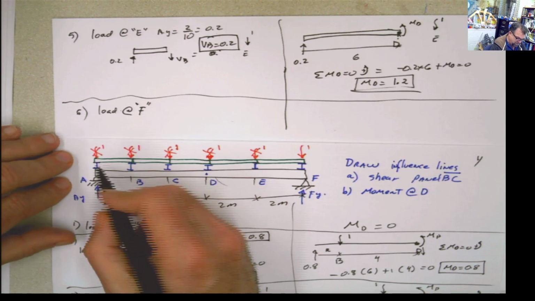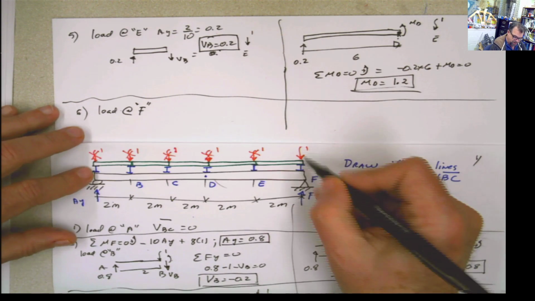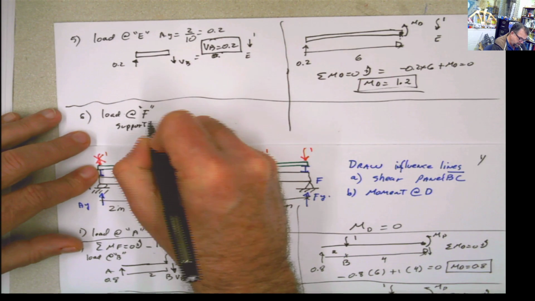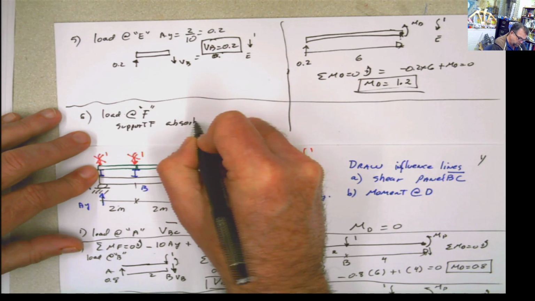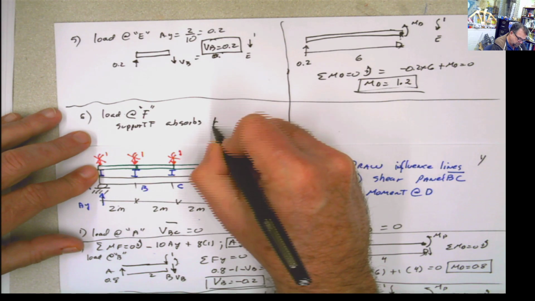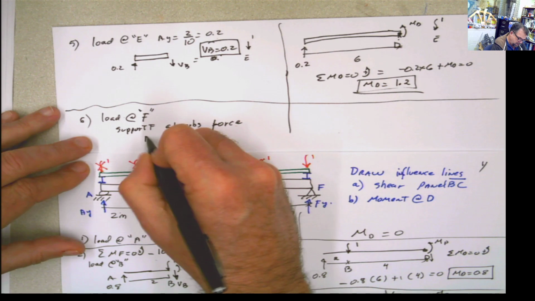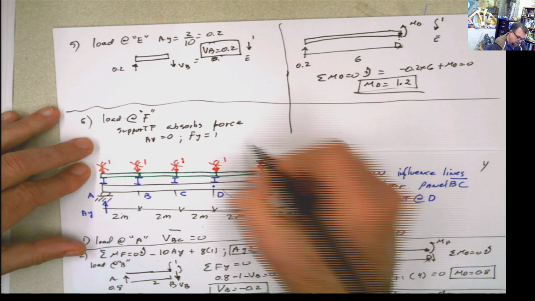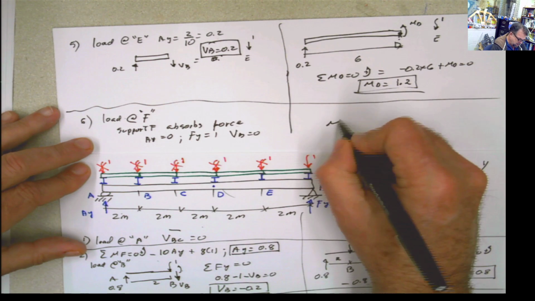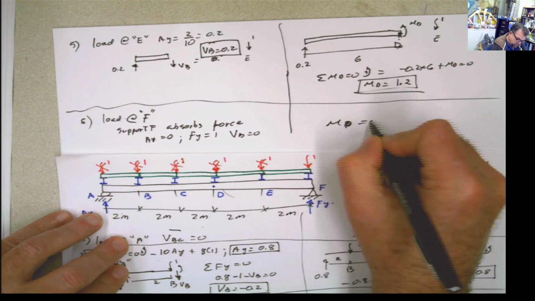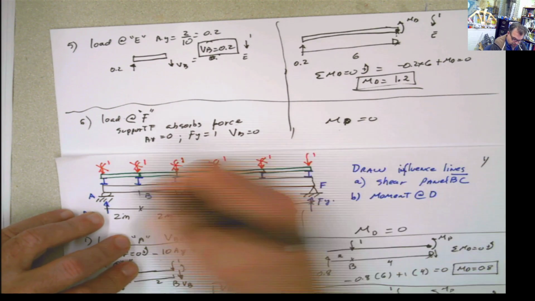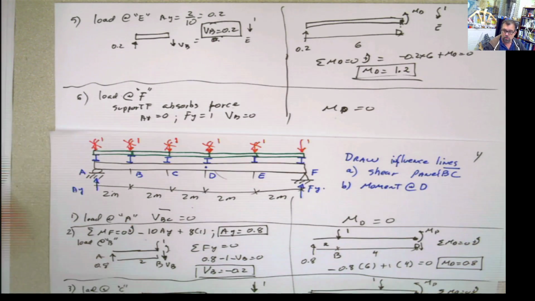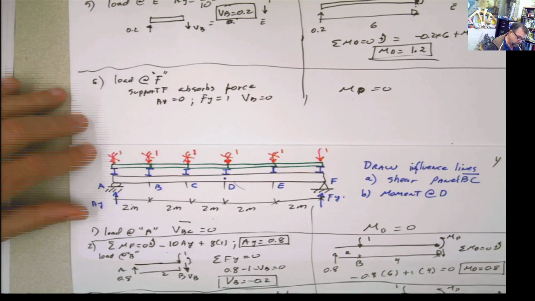Same thing that I explained before at A. All the force is going to be absorbed by the support F, the external force, meaning AY is 0 and FY is 1, VB is 0 and MD is also 0, because now the load is not on top of the girder or on top of the panels. It's directly on top of the support column, pier, wherever you want to call that support.